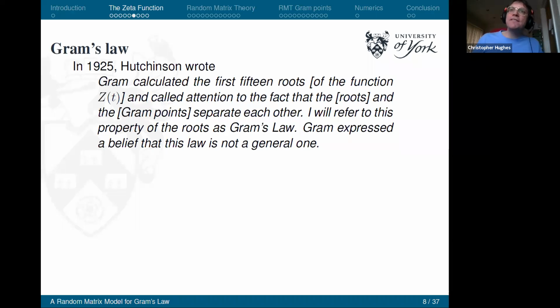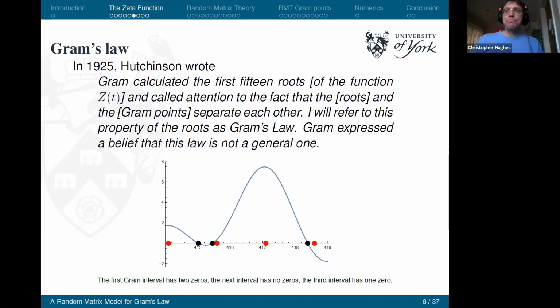And Gram expressed a belief that this law is not a general one. And it's true, it's not. So you can find instances where the Gram points don't separate the zeros of zeta. And I've given an early example here. This isn't the first. I think this is the third example where it happens.